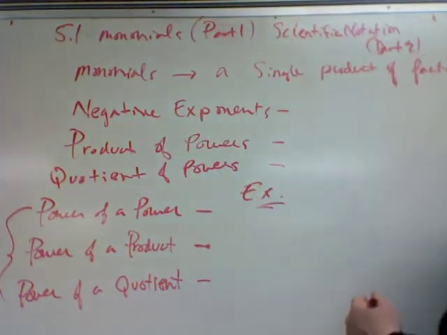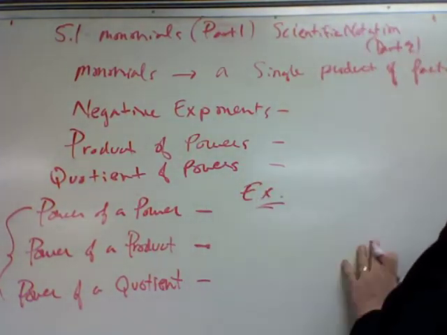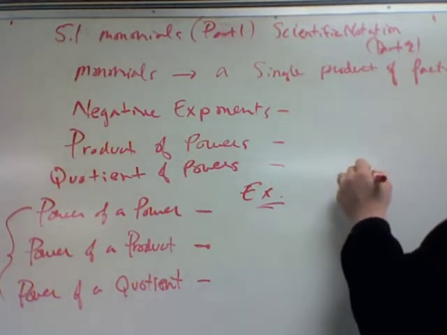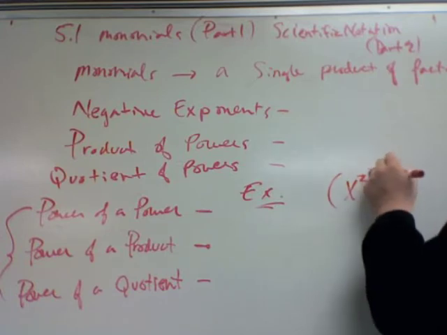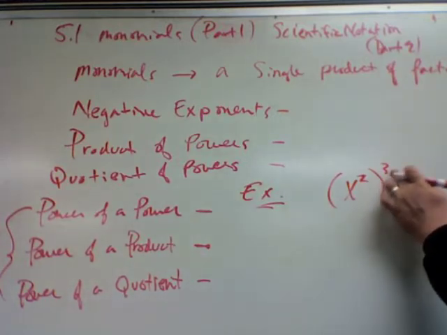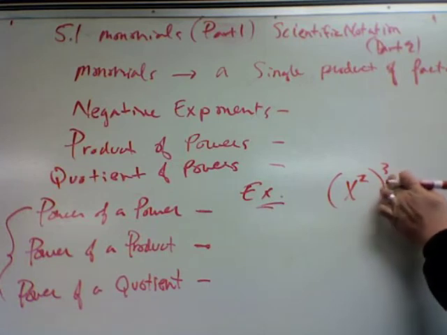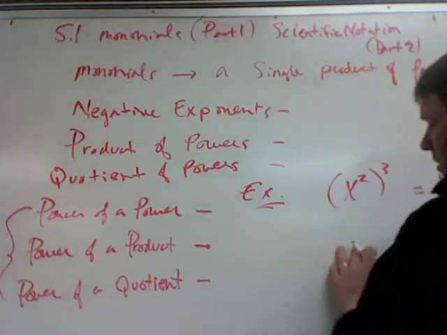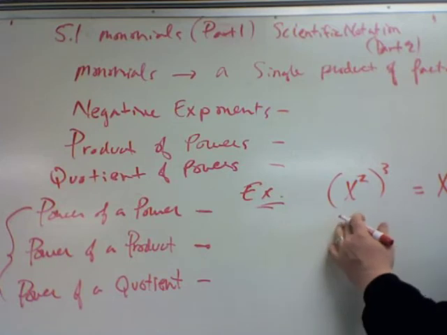Power of a power. Let's say that I had x squared, cubed. It's a power of a power here. Does anybody know what I do? I multiply. Power of a power, I multiply. So in this particular case, I end up getting x to the 6th. The same thing goes if you have a negative exponent.